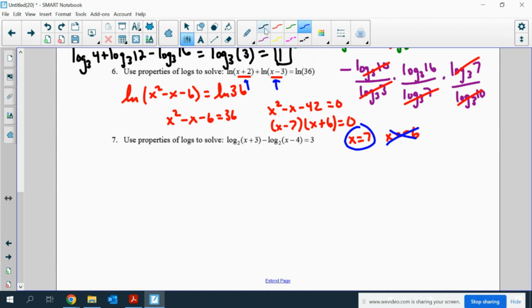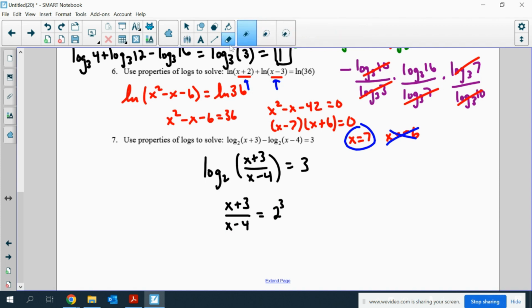Then my final problem is a similar one. There's a minus, so when I condense this, I get log base 2 of x plus 3 over x minus 4 equals 3. And then I would just rewrite this in exponential form. So x plus 3 over x minus 4 equals 2 to the third. 2 to the third is 8.